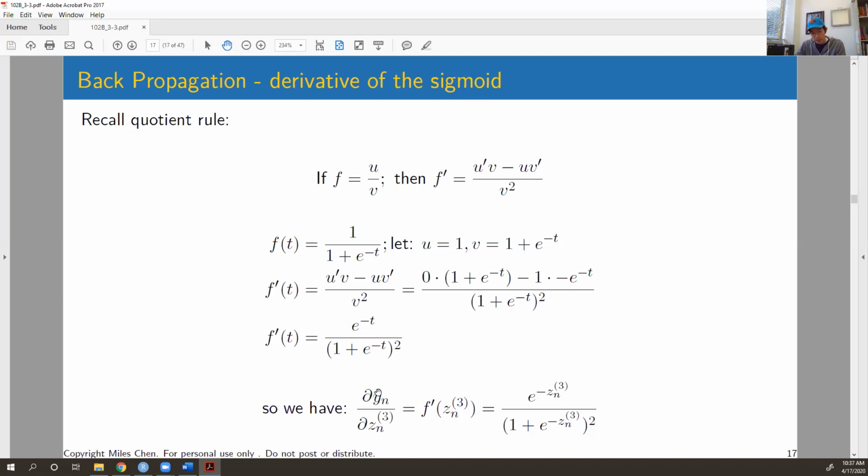So the derivative of y hat with respect to z is going to be f prime of z, which is equal to e to the negative z divided by (1 plus e to the negative z) quantity squared, right?